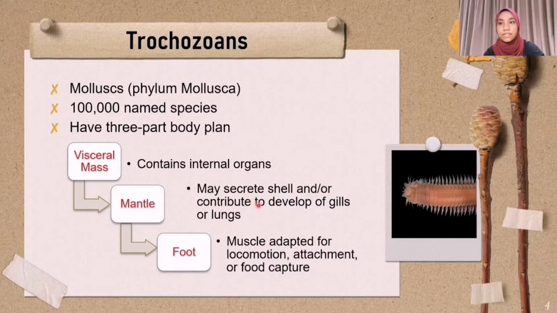The mantle is a covering that lies on either side, but not completely enclosed, the visceral mass. It may secrete a shell and or contribute to development of gills or lungs. The foot is a muscular organ that may be adapted for locomotion, attachment, and food capture.